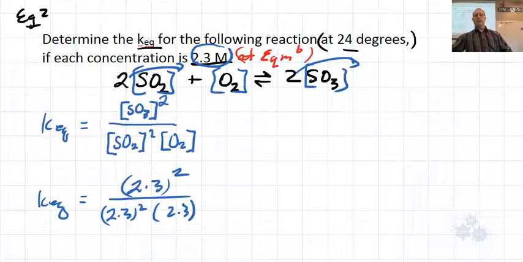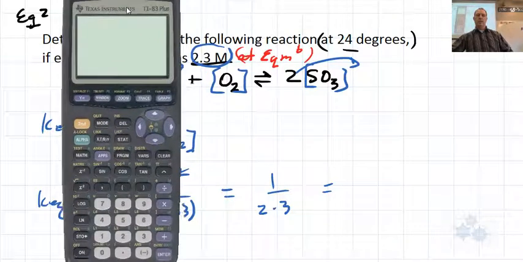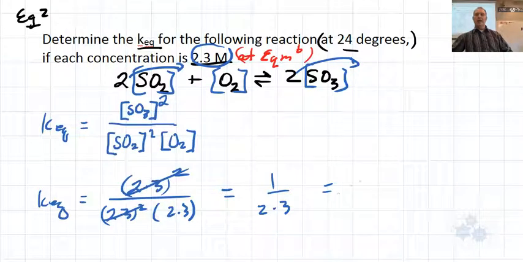So you simply evaluate that, and of course that's going to divide out with that. So it's going to be 1 over 2.3, which, what is that? Let's see, as a value there. 0.4348 looks good. Yeah, 0.4348.